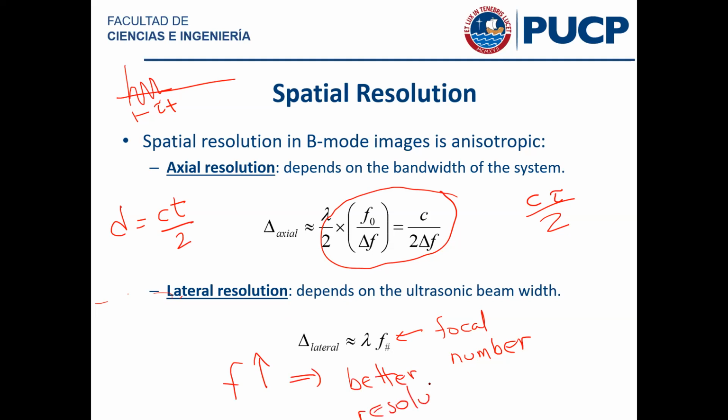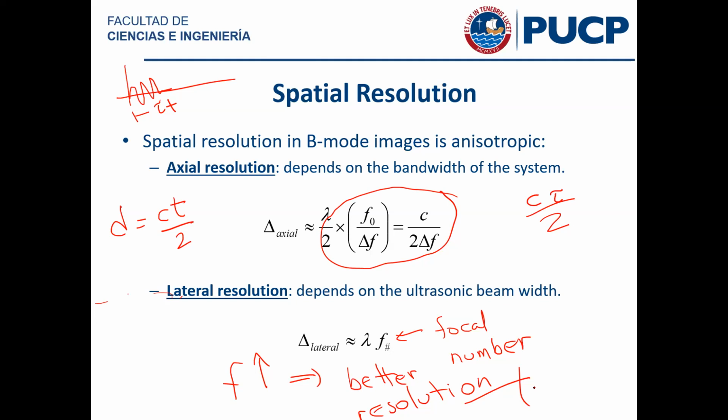So the question from me to you would be, why is it then that we don't use 100 megahertz for ultrasonic imaging for everything, or 1 gigahertz? Due to attenuation? Correct, due to attenuation. Attenuation increases monotonically for increasing frequencies for every tissue or every material that we're aware of.